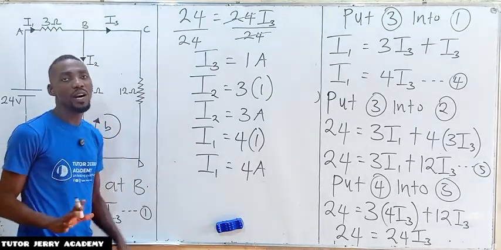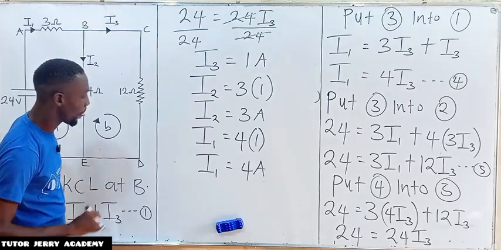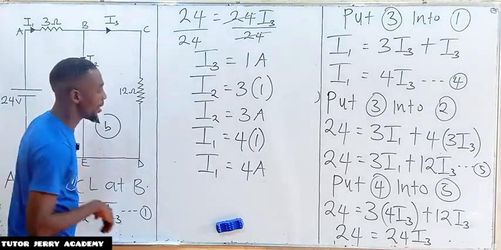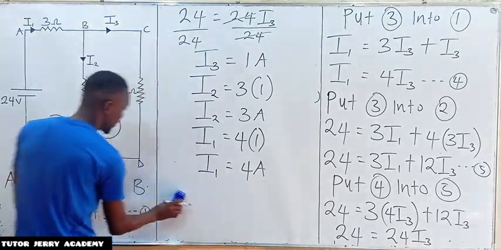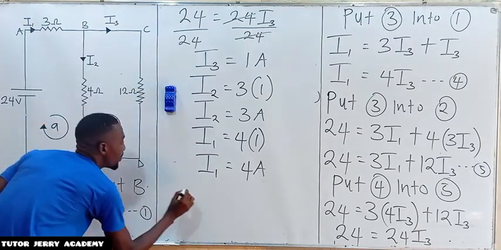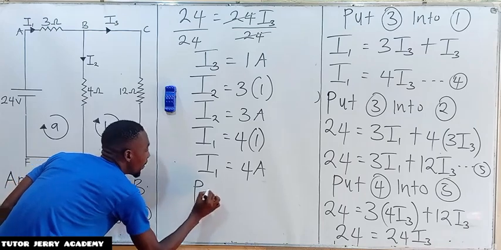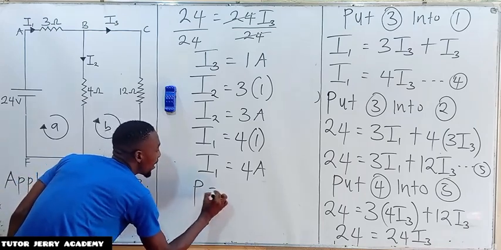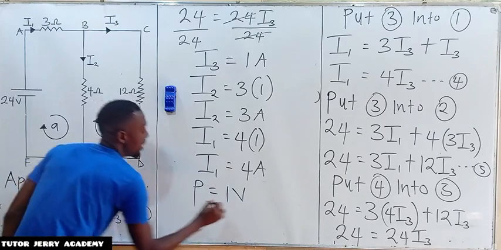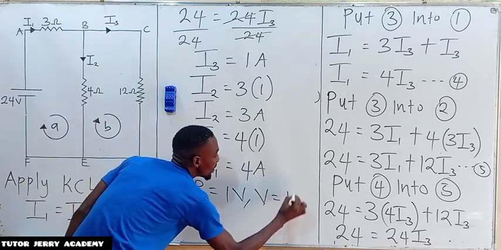Now we are going to calculate the power developed. Don't forget that for power we said power is equals to IV, and we know that V is equals to IR.